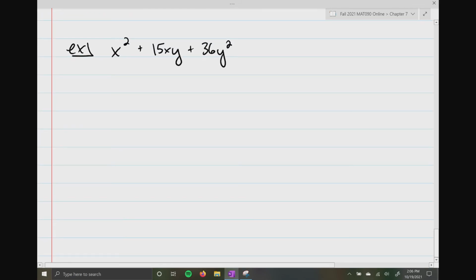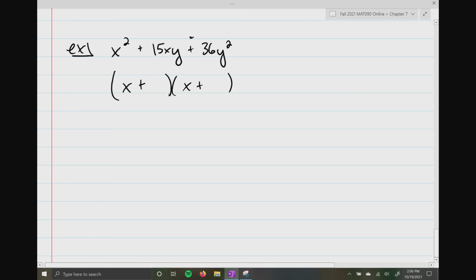My approach doesn't change. I'm going to write the multiplication of two binomials. I copy down the first sign. Since my last term is positive, this sign has to also be positive, because a positive times a positive is another positive.